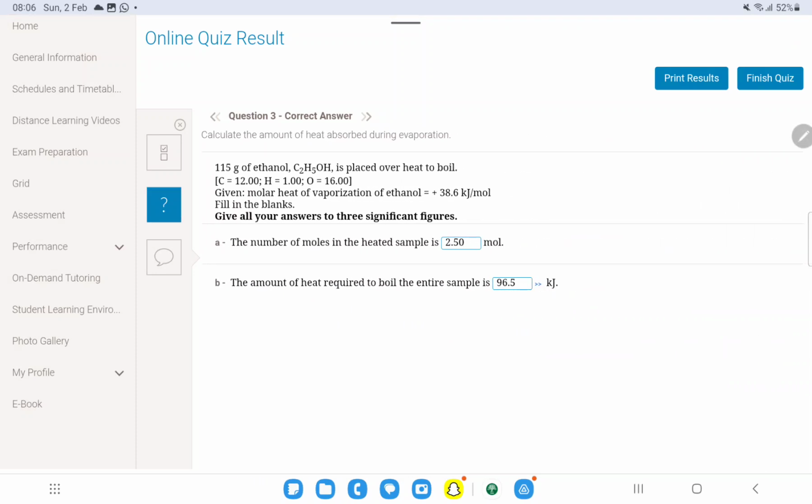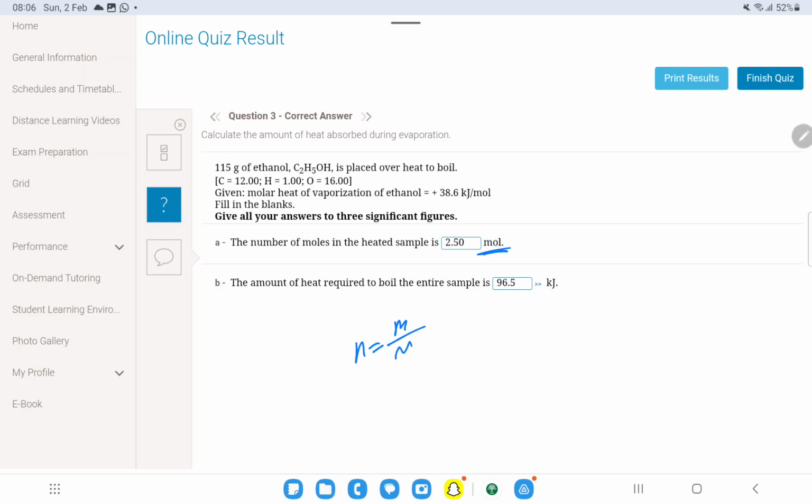115 grams of ethanol, C2H5OH, is placed over heat to boil. Given molar heat of vaporization of ethanol plus 38.6 kilojoules per mole. So first they want us to find the moles.